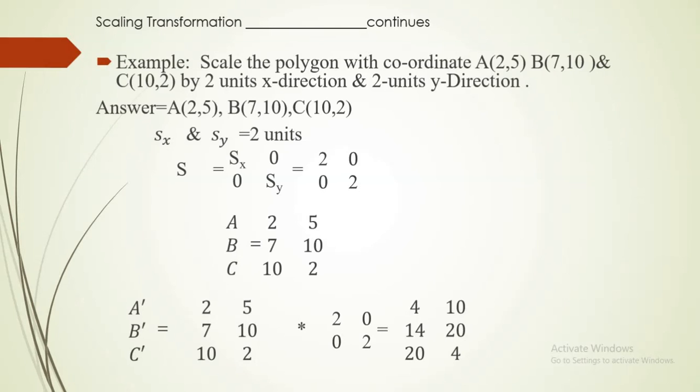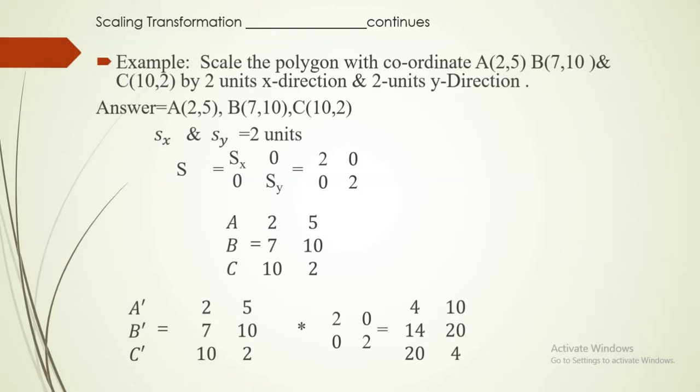So the problem statement is, we are given the A, B, C coordinates, and by using the scaling transformation formulas we scale our triangle 2 units in the x direction and 2 units in the y direction, that is, double from the original coordinates.